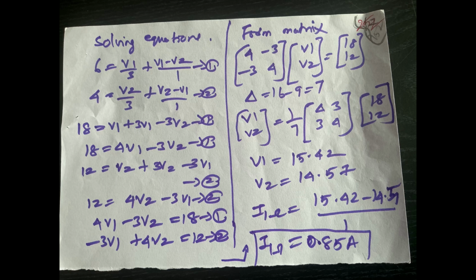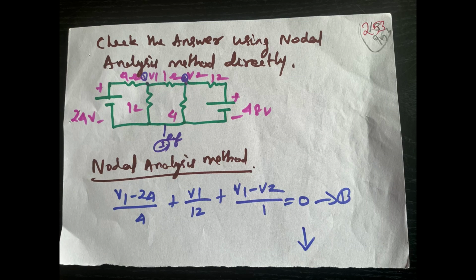The Norton current is found as V Thevenin divided by R Thevenin, where R Thevenin is 4 ohm in both the first and second parts. So we find I Norton and V Norton.